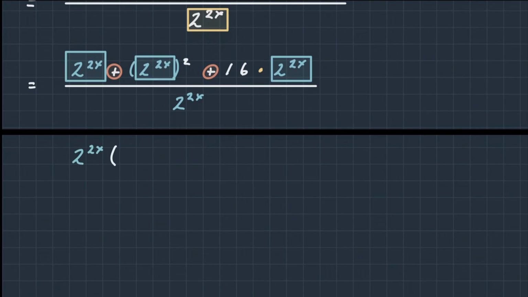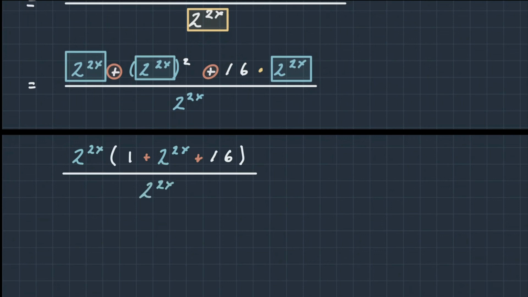Next, I will move into the next term here. 2 to the 2x multiplied by which factor will give me the product 2 to the power of 2x squared? Well, that is just going to be 2 to the power of 2x. And lastly, 2 to the power of 2x multiplied by 16 will give me the product 16 times 2 to the power of 2x. And we're going to divide that by 2 to the power of 2x.